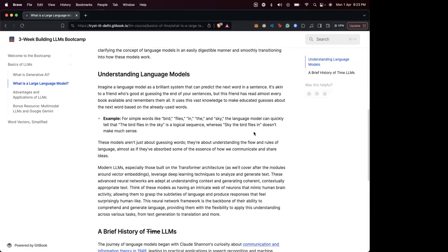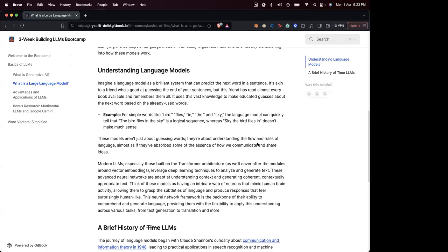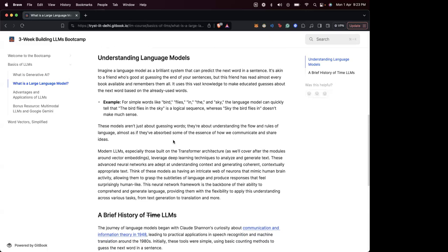So this solves for grammatical issues, but it doesn't solve for actual reasoning issues, because there is no magical reasoning module that's running. It is simply a probabilistic module, right? So these models aren't just guessing, they're about understanding the flow and rules of language.